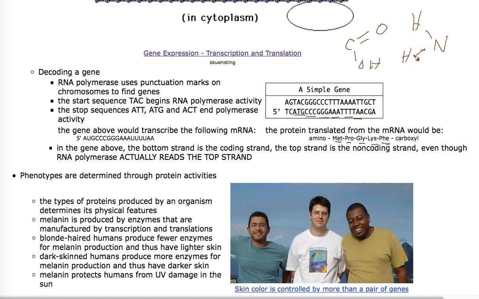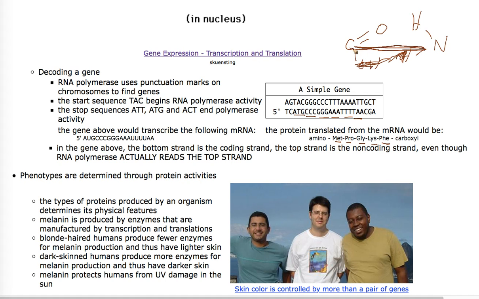The way this works is an enzyme takes the HHO off there and makes a water, and then a covalent bond is made across from the nitrogen to the carbon, and you end up with a C double bond O, single bond N, single bond H. This is the peptide bond between a carboxyl group and an amino group.